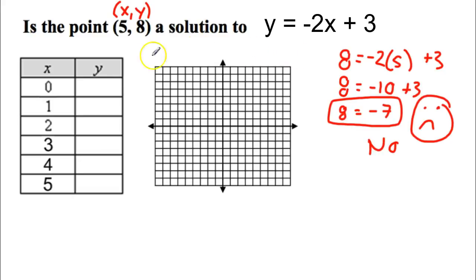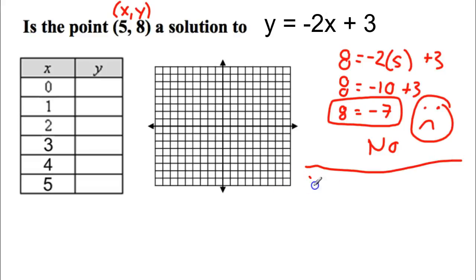Another way you can do this is by graphing this line and then seeing if the point is actually on the line. So I have a table over here. This is my equation. I want to find some y values for my x values. So it says x equals 0. I'm going to put in 0 for x and find out what y equals.